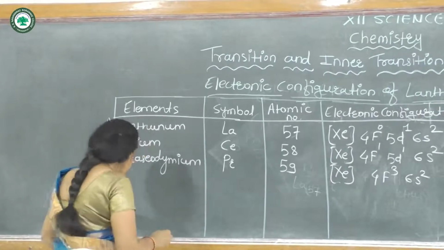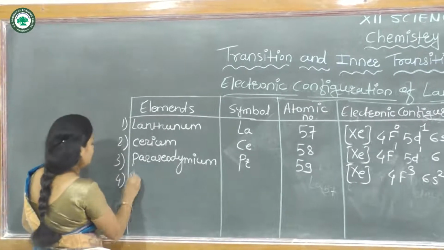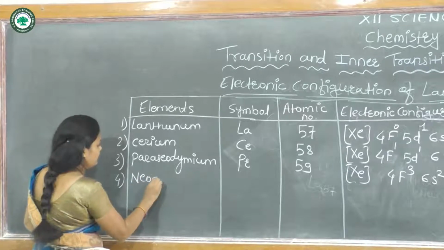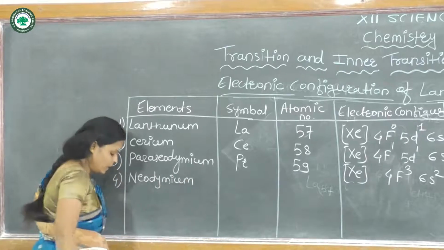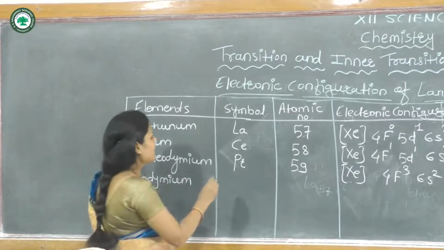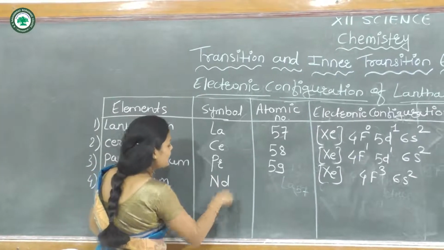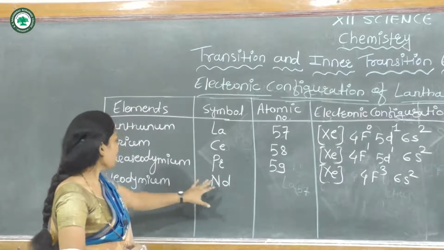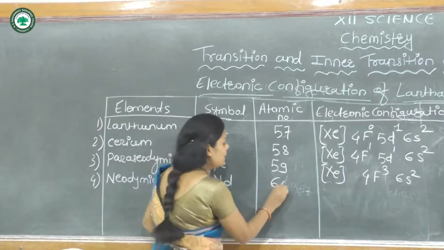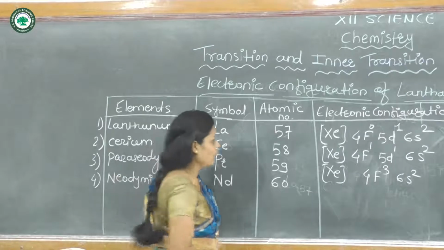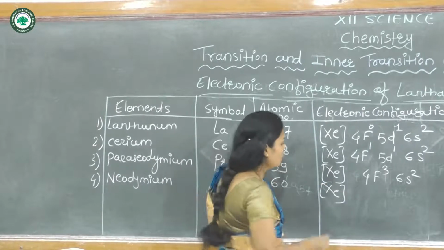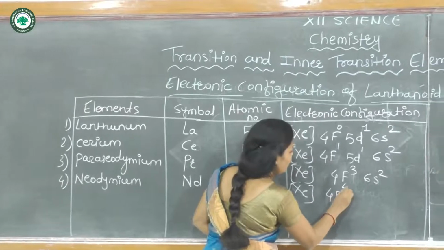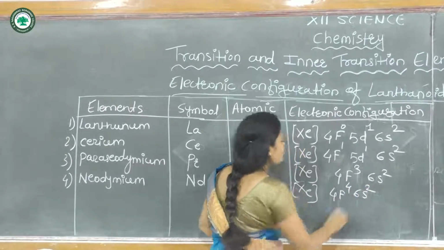The next element is neodymium. It is represented by capital N and small d, and the atomic number of neodymium is 60. The electronic configuration is Xe, 4f4 and 6s2.